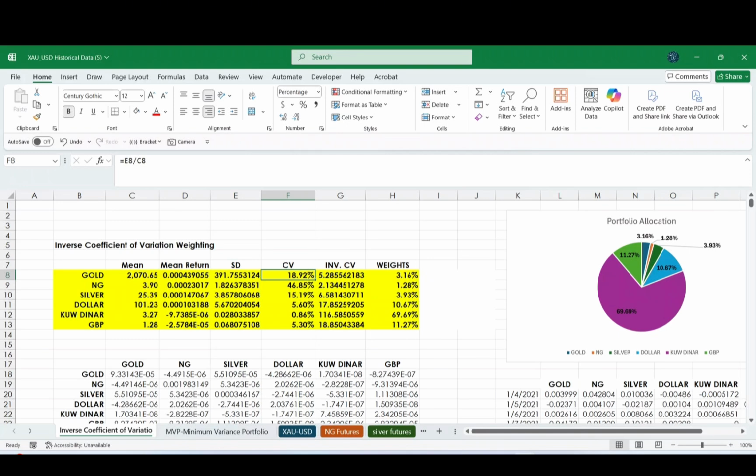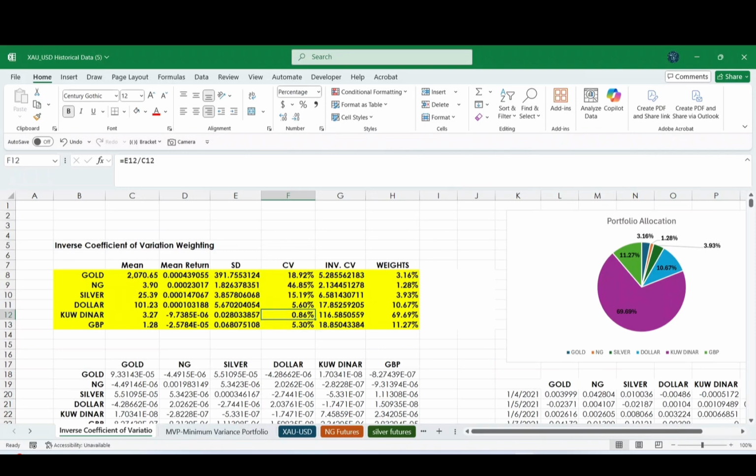So based on that, there is a coefficient of variation, and this coefficient of variation tells you the percentage of volatility. For example, gold has a CV of 18.92%, natural gas 46.85%, silver 15.19%, dollar index 5.60%, Kuwait dinar 0.86%, and GBP 5.30%.